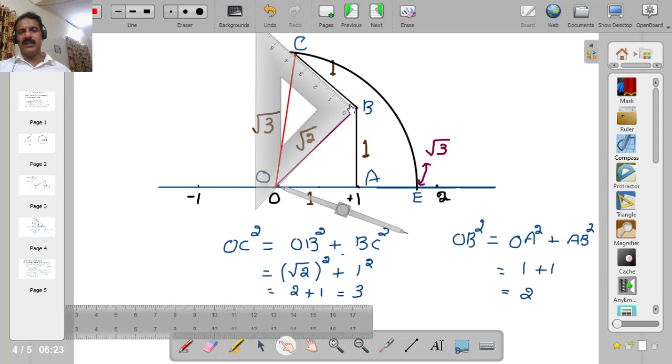BC is the altitude of the right angled triangle that we are going to create now.